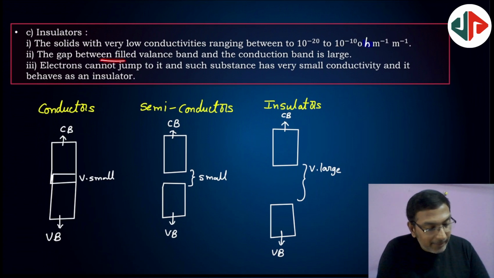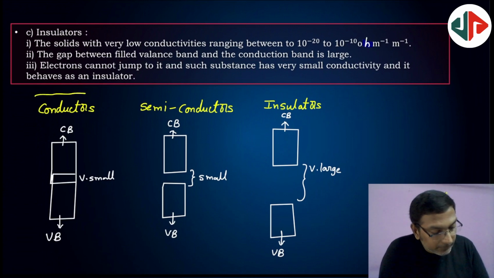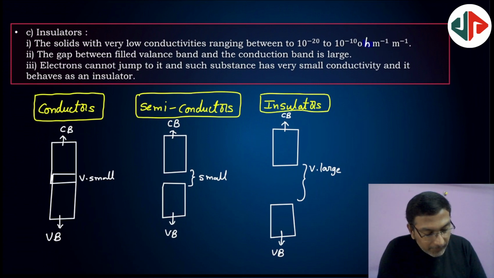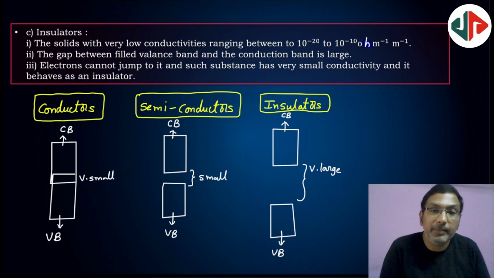Next, gap is very large. Check the difference. Conductors, very small gap. Semiconductors, small gap. And in case of insulators, very large gap between valence band and conduction band.